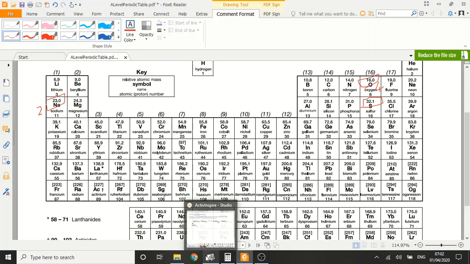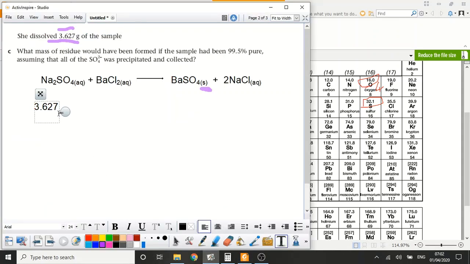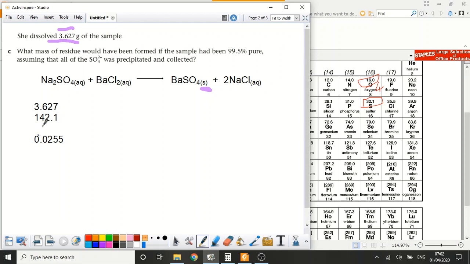So by the time we've looked at that, what we've got is an MR for sodium sulfate of 142.1. If we do our mass over MR to give us the number of moles, we end up with a number of moles of 0.0255, roughly.